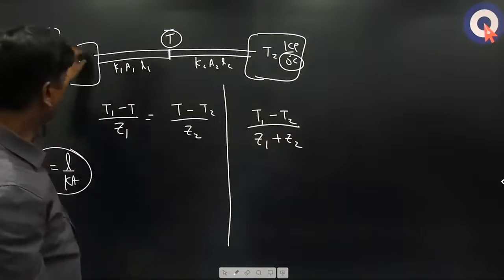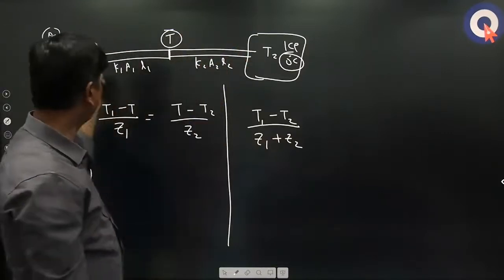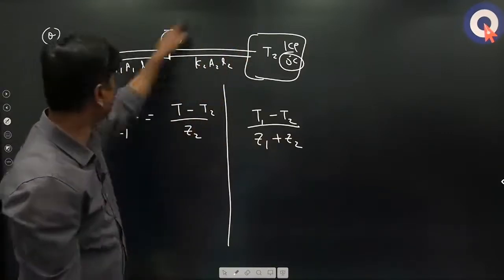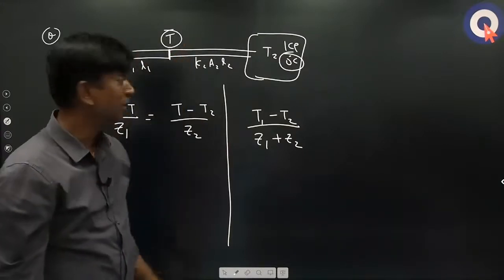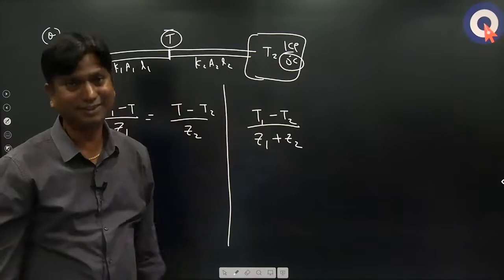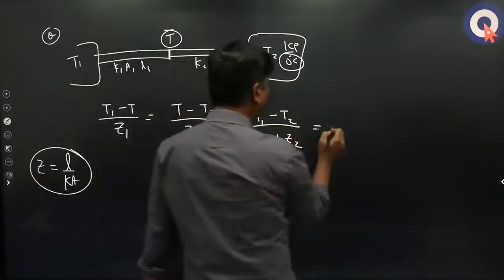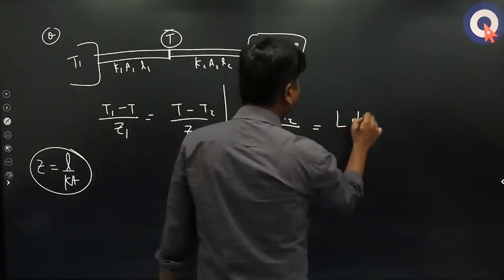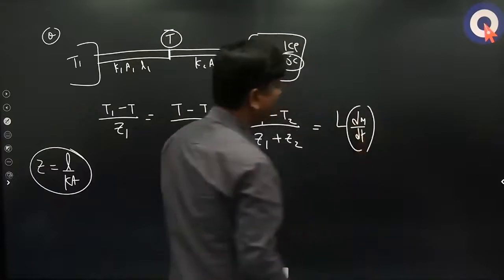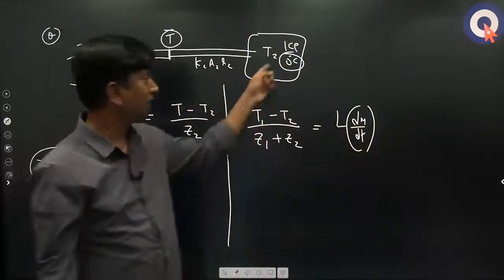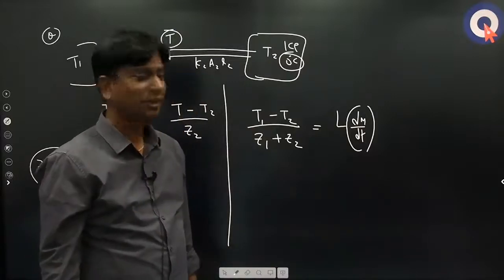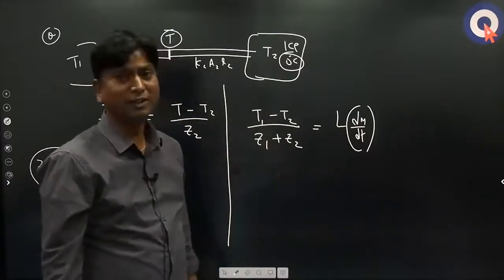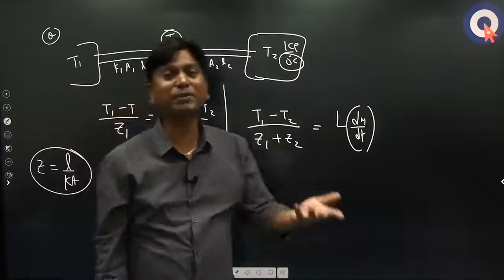The rate at which heat is transferred from here to here is equal to the temperature difference by the total thermal resistance, which is this resistance plus this resistance, Z1 plus Z2, because these two are in series, right? That is equal to L times dm by dt. From here you can get the rate of melting of the ice. Same concept with two different rods also. So what is the difference between the previous question and this question?